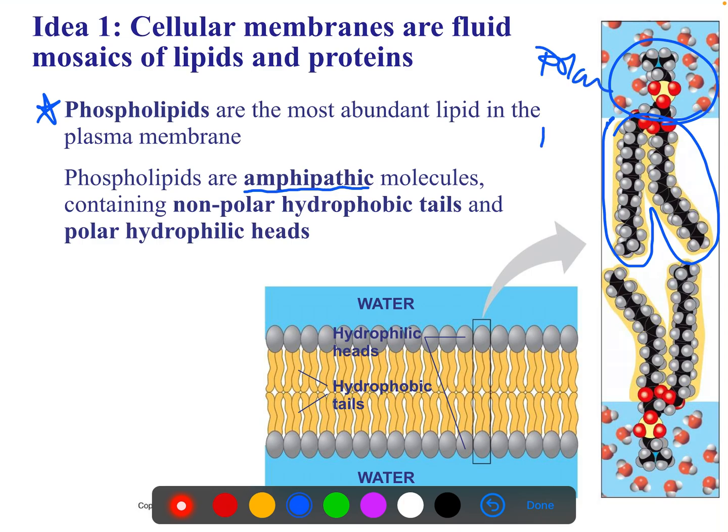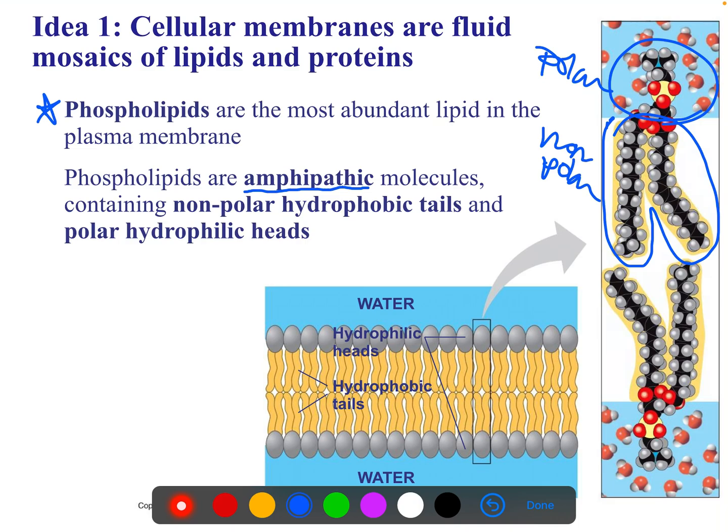So here's our polar part and here's our nonpolar part. The nonpolar sections are made of fatty acid chains, and the polar parts are made of a phosphate group. What ends up happening with these molecules is that they are really good at making a barrier because of the way they want to orient themselves.